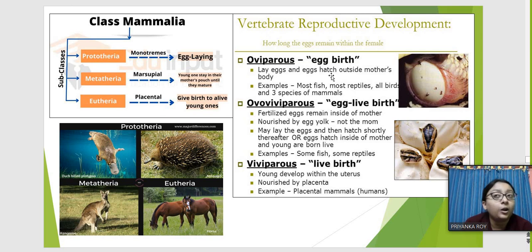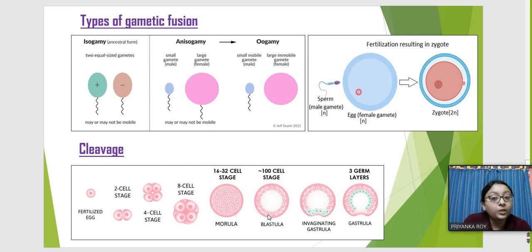The eggs are fertilized inside the mother's body, and the egg yolk provides the nourishment to the young ones, and then after a short time they hatch and come out, or the eggs hatch inside the mother and the young are born live. Either can happen, and it is a common example in some sharks, some reptiles, some snakes, etc.